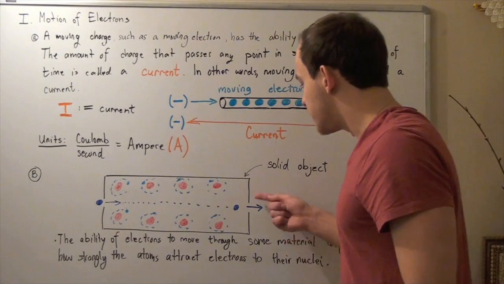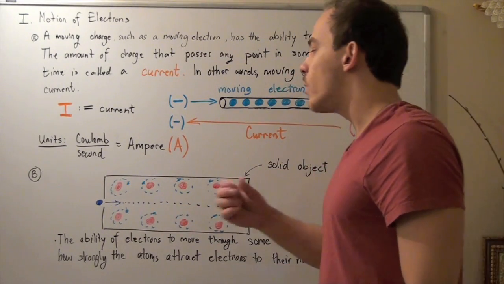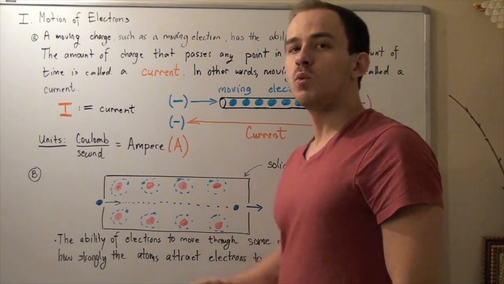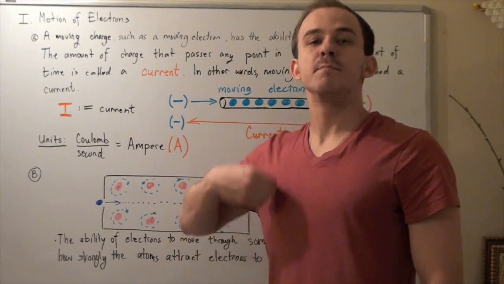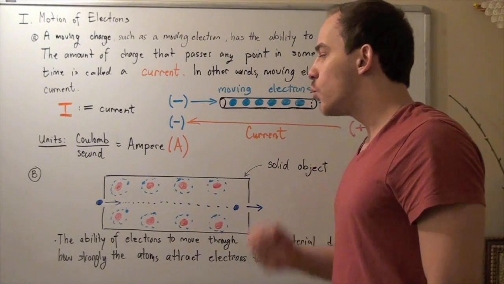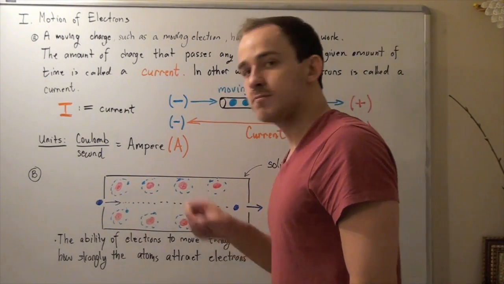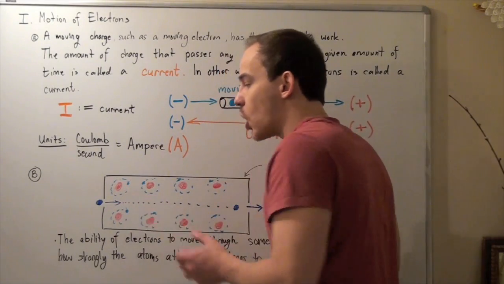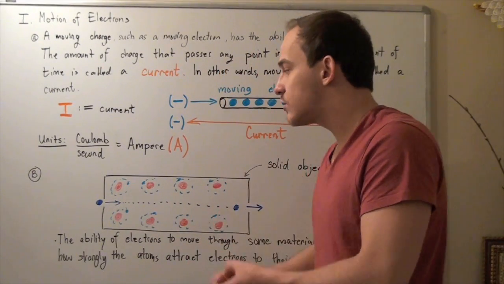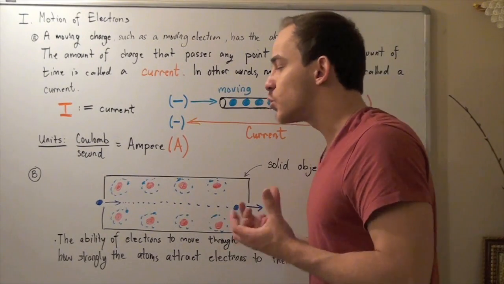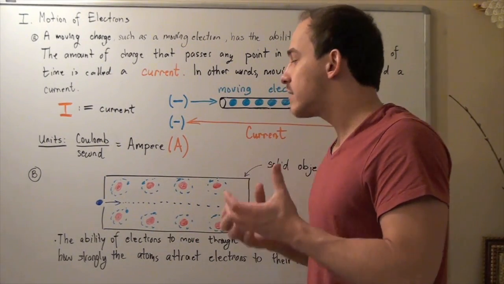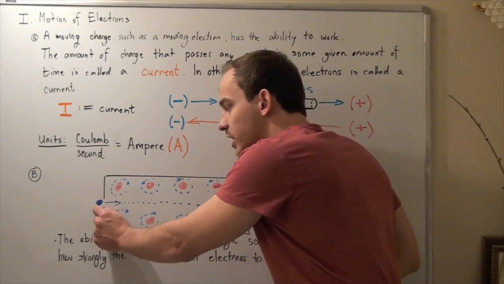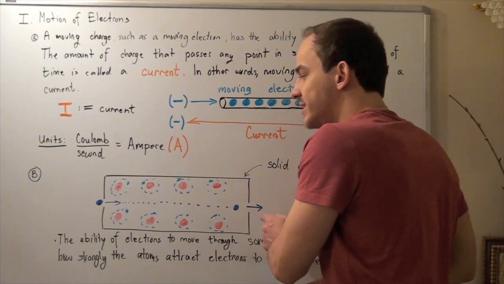Suppose I make a hole on this side and this side, and I allow an electron to flow through my solid. What will dictate the speed or the ability with which my electron will be able to move from this point to this point? Well, if my atoms are pulling very hard on that electron, in other words, if my atoms want to gain electrons, if my atoms have strong affinity for electrons, that means my electron will not be able to move all the way to this end.